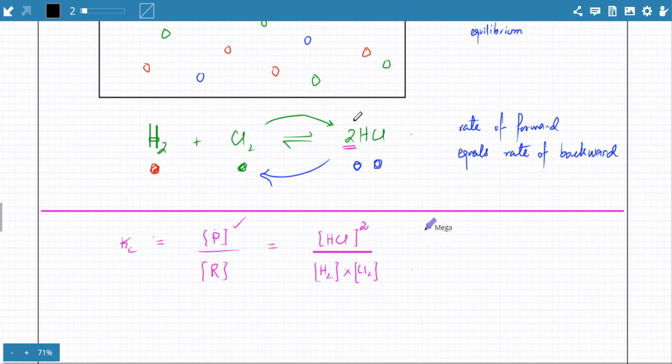The reason you're going to write HCl squared is because one molecule is going to react with one molecule, and they're going to produce two molecules. So the weight of HCl, if the reaction shifts forward, a lot more HCl is going to be produced. So HCl has a bigger weight. So you're going to write squared over here, and this is how you're going to write your expressions for Kc.